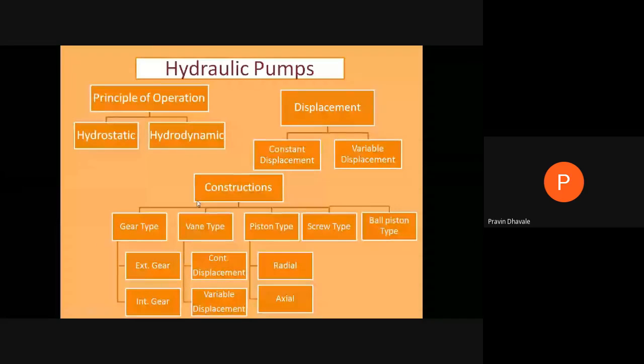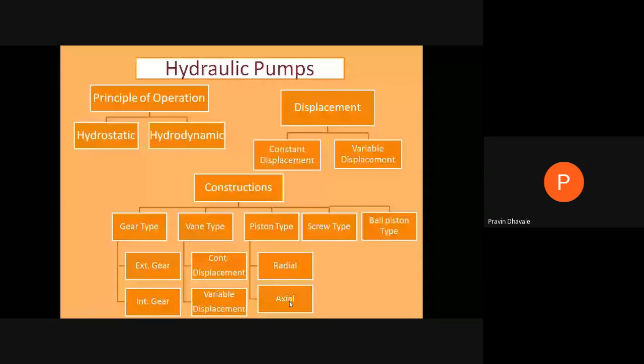Under the construction, pumps can be classified as gear pump, external gear pump, internal gear pump. If you are considering vane pump, there are constant displacement and variable displacement vane pumps. Piston pump, when you are studying, will be a radial piston pump and axial piston pump.